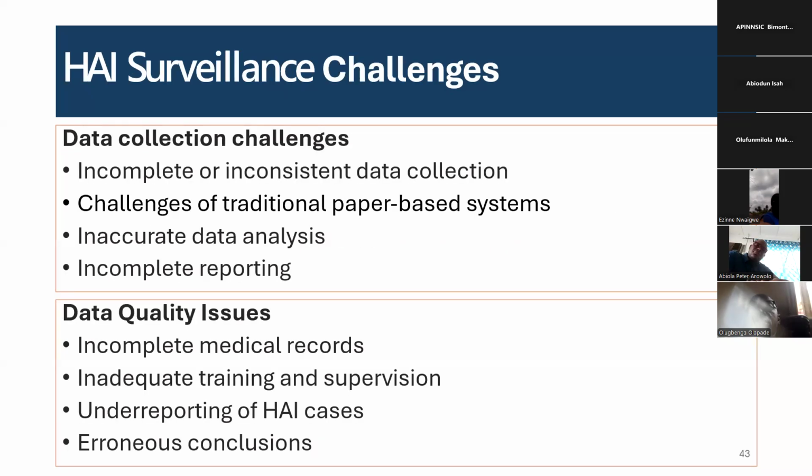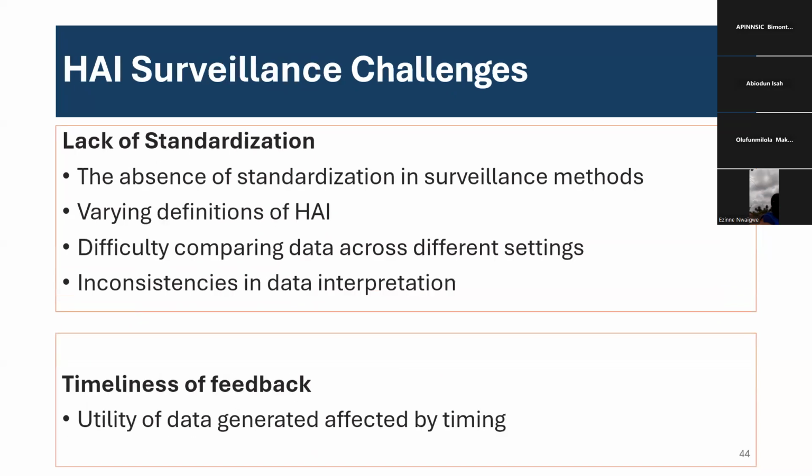Erroneous conclusion can also be a problem because if you have your data analyzed and incorrectly interpreted, then you can have erroneous conclusions. Then start a wild goose chase of looking for what's not there because of wrong conclusion. Then lack of standardization, because many facilities have their own ways of carrying out data.